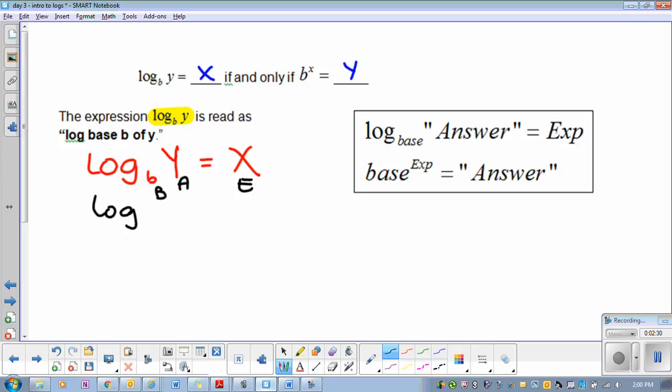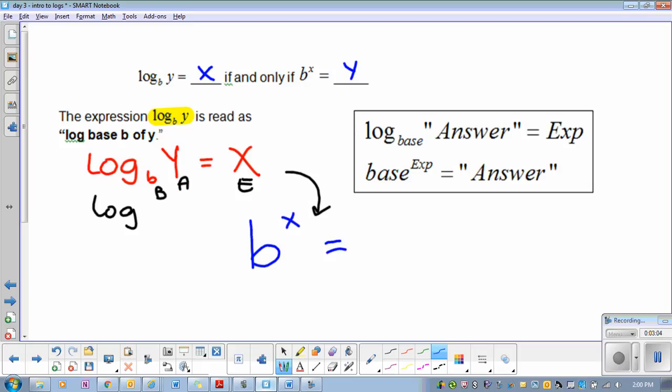When you write it out, B-A-E, log is your bae. So I can rewrite this to base, my base is the little b, exponent, which is that x, equals, what is the answer?